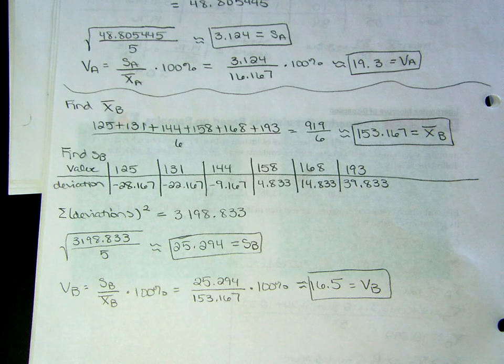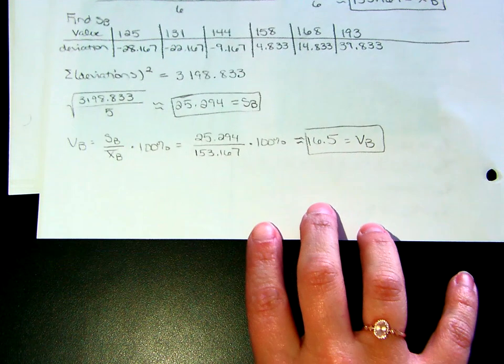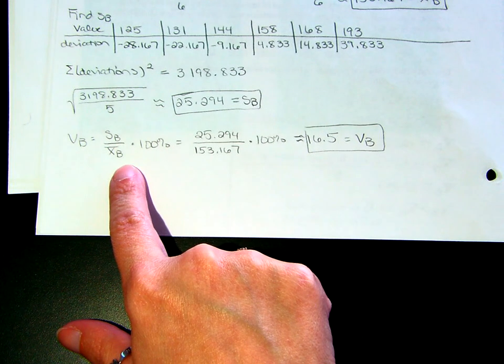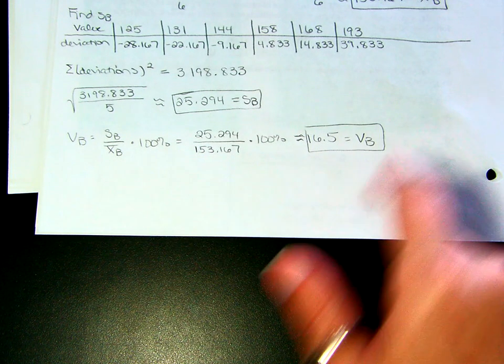But because they're more widely spread, we get that bigger deviation. And so then we take the deviation divided by the average and multiply it by 100% to find that our coefficient of variation is 16.5 for B.